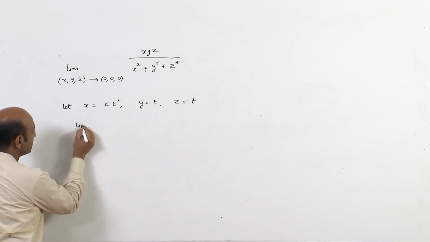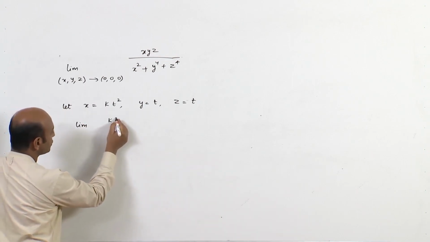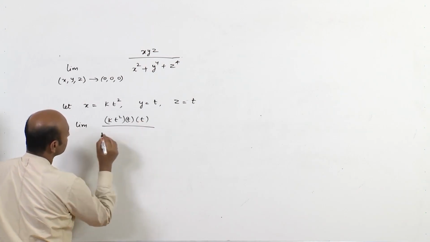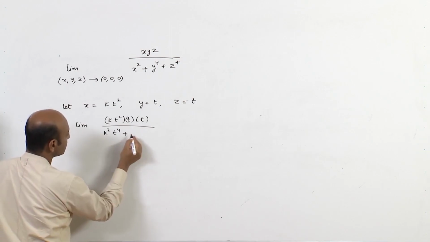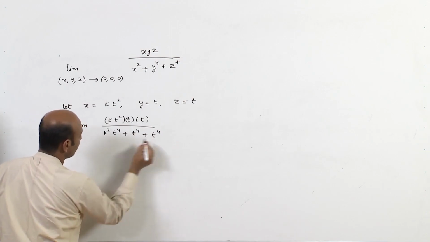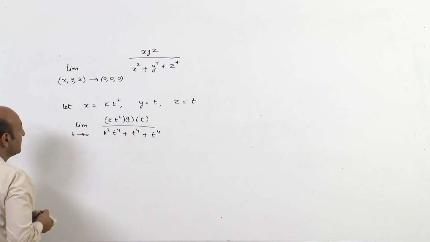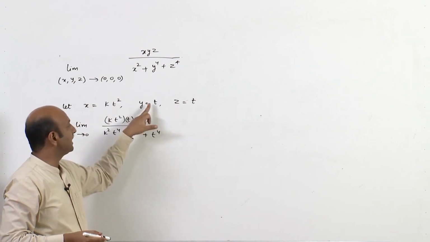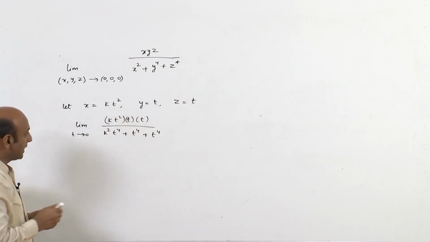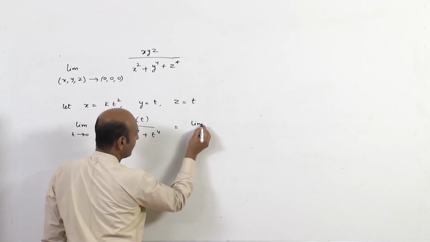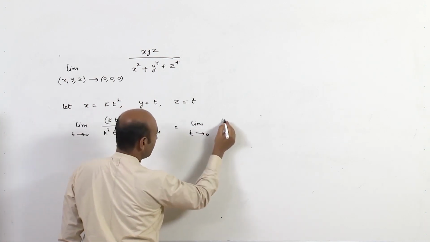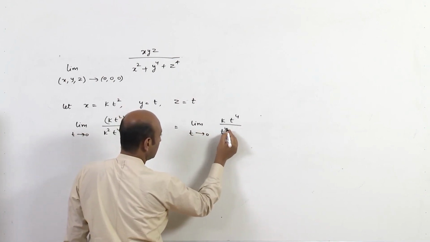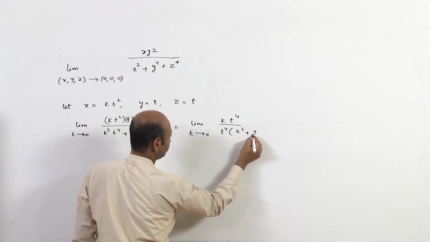Now when you substitute this, x is kt square, y is t and z is t, and it is k square t raised to power 4 plus t raised to power 4 plus t raised to power 4, and the limit as t tends to 0, because x, y, z all tend to 0 only when t tends to 0. And this equals the limit as t tends to 0 of k into t raised to power 4 upon (k square plus 2) t raised to power 4.